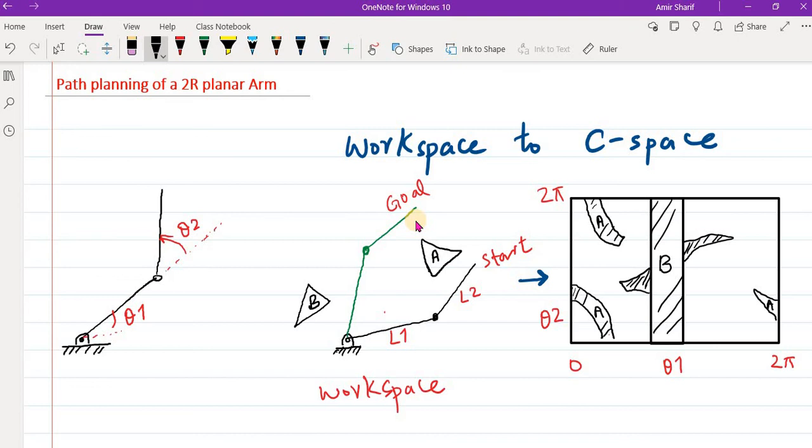Imagine your link 1 is something like here, and link 1 has a small angle, and link 2 has an angle of 270. This one actually starts from 360, so link 2 has 360 degrees of angle.